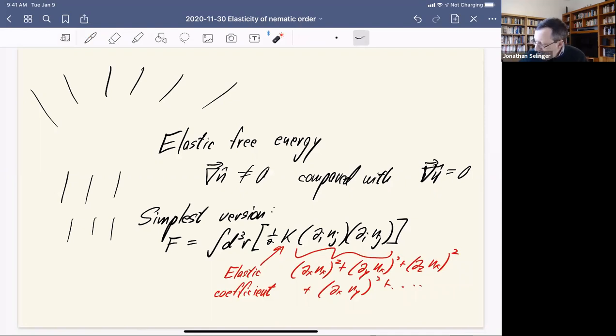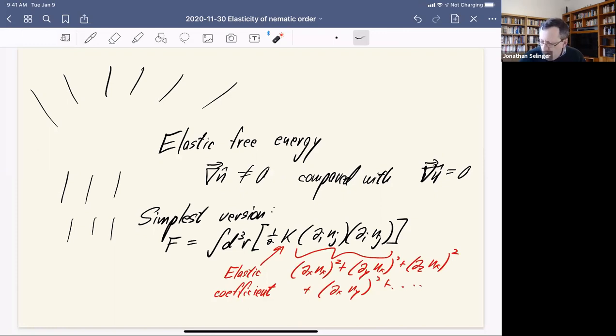That is the simplest version of the elastic free energy for a nematic liquid crystal. It is a good starting point, but it is not a good ending point. This is not sufficient for designing most kinds of liquid crystal devices.